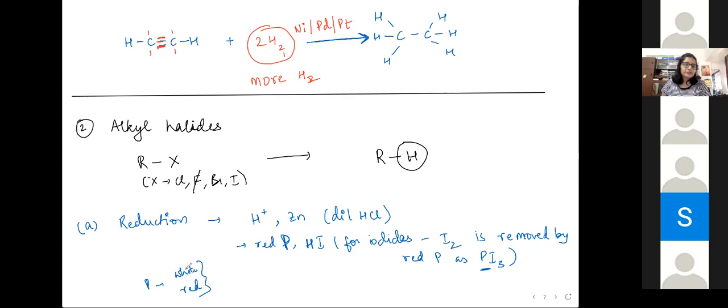Red phosphorus is the one you find on matchsticks. With just a small spark from friction, it lights up, so that's why it's used in matchsticks. It's just one form of phosphorus, the way carbon exists as diamond, graphite and so on. Here you specifically use red phosphorus. HI is like HCl: hydrogen iodide.